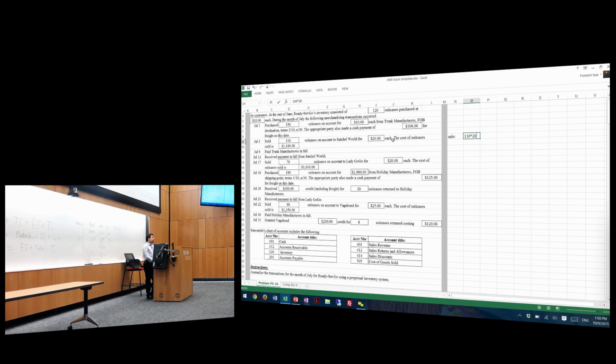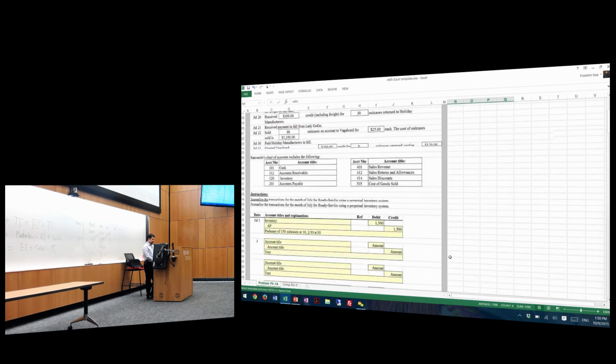When you have a sale, the cost was $1,100. Okay? Now this is the information that we need to write the journal entry here.